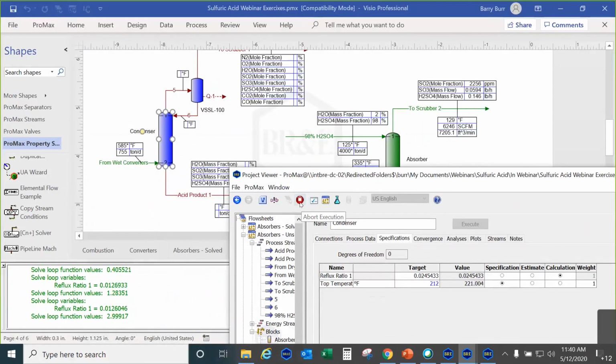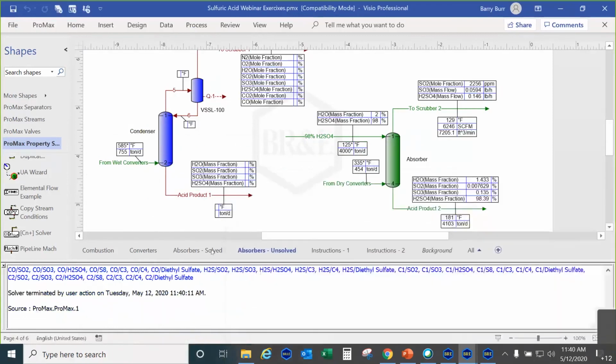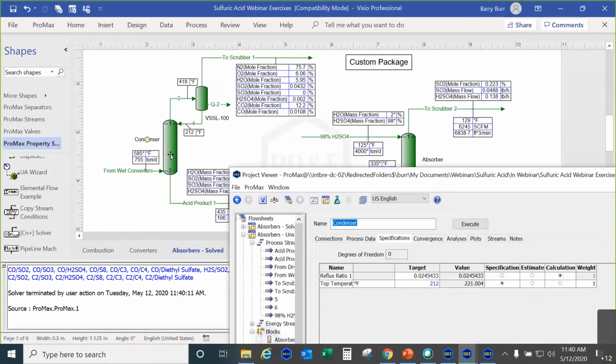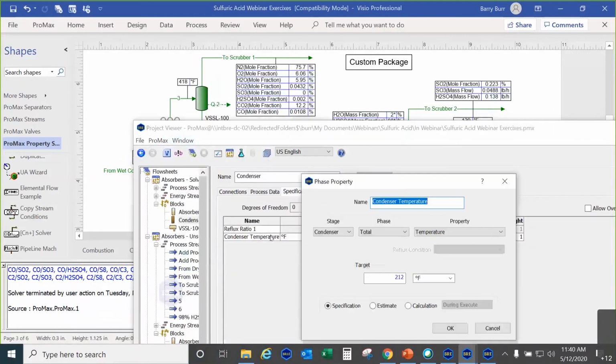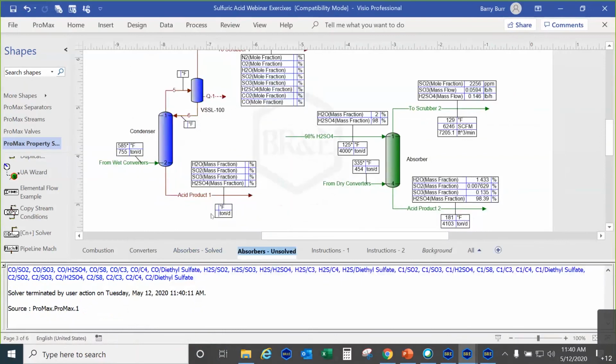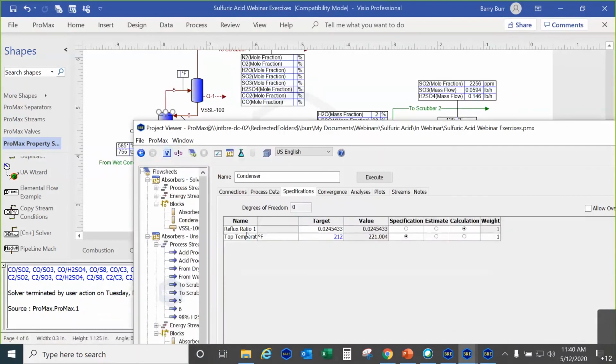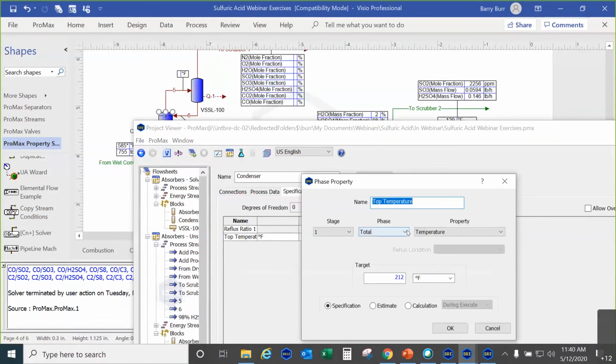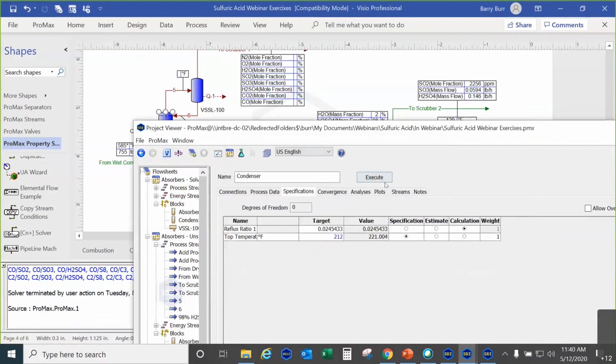I think it should have been the other way, but let's see how I did it in the solved case, because I really can't remember right now. Condenser total temperature. Okay. So the way I had it the first time is what we need. That makes more sense. And execute this.